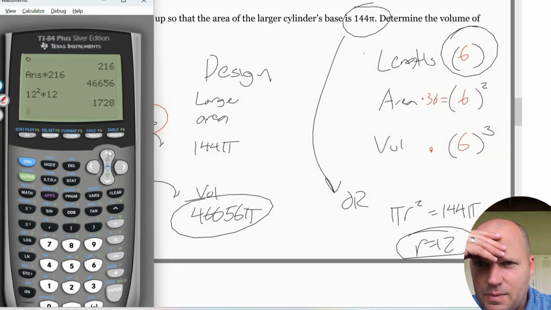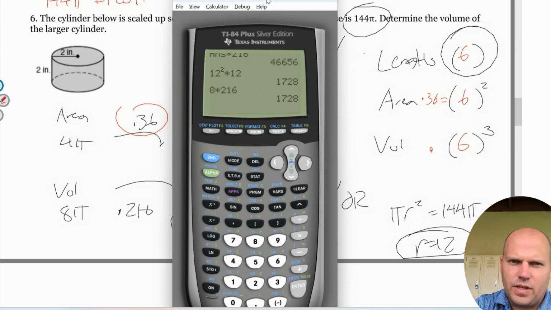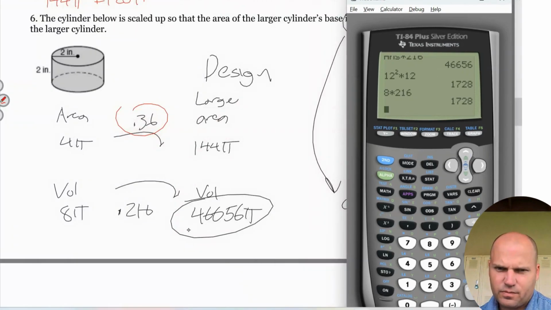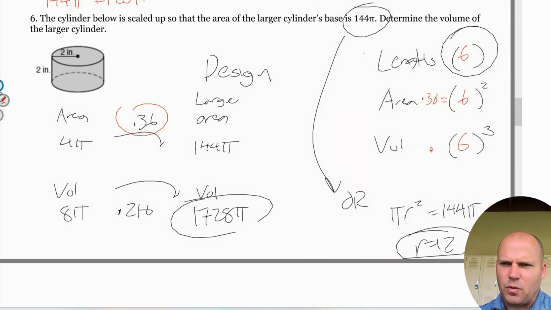Did I not type in 8 times 6 cubed? Oh. 8 times 216. Yeah, there it is. 1728. Okay, so there's lots of different ways to get it. Whether you are figuring out the radius divided by pi square root, then realizing, oh, my lengths are going to be times 6. Boom, you could calculate the volume off of this, et cetera, et cetera. Good question.